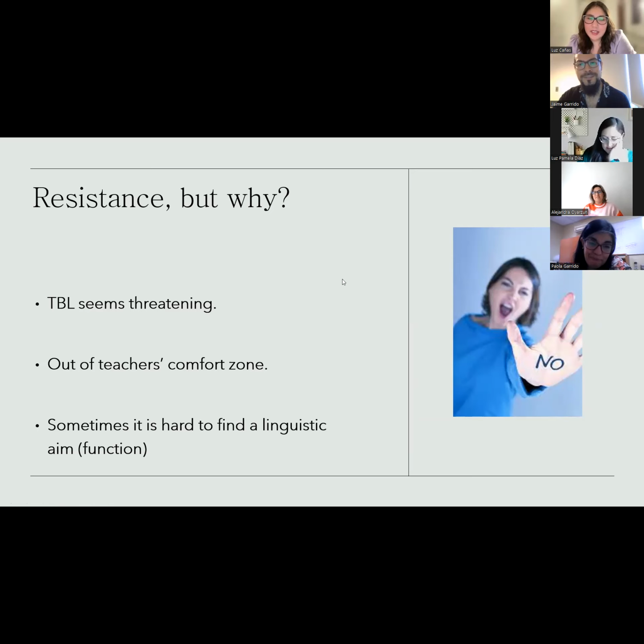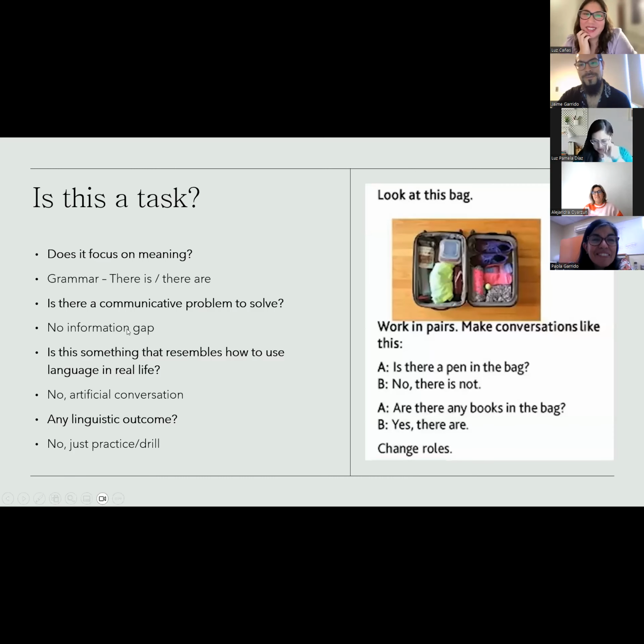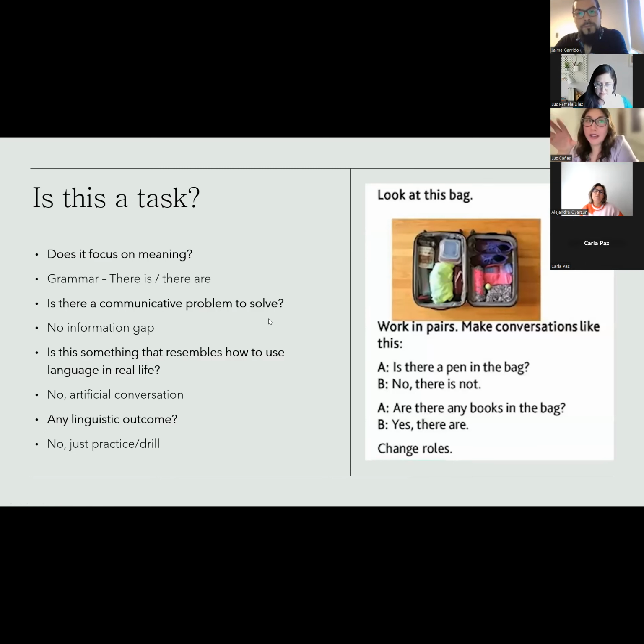Luz, I'm so sorry to interrupt, but can we go back to the previous slide? I really want to know, can we change the same exercise into a task? I was thinking about the thing that you mentioned before, like you're going away with your family or your best friend, and talk about the things that each of you have in your backpack.